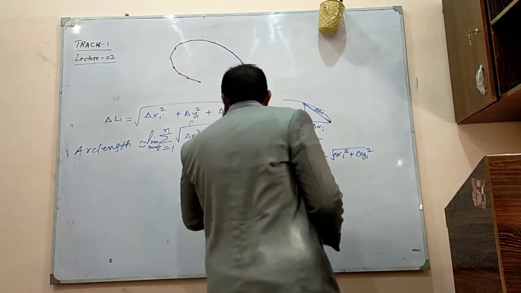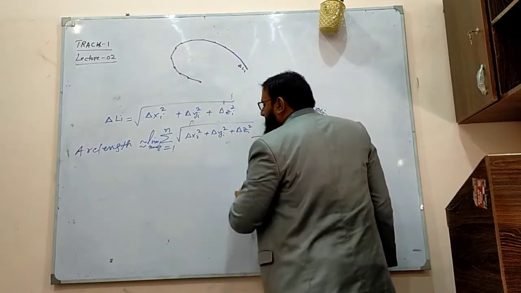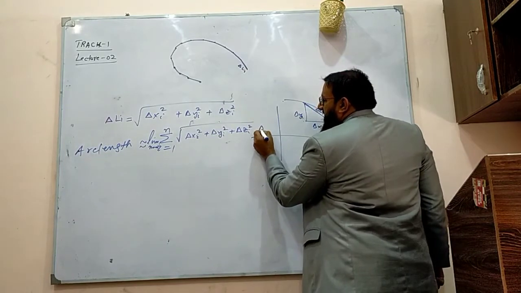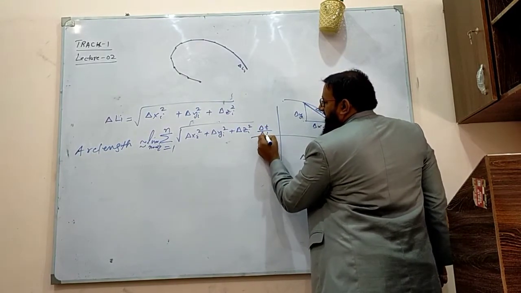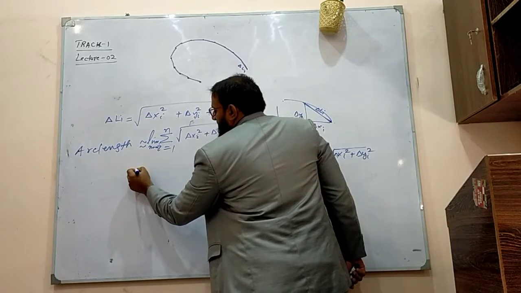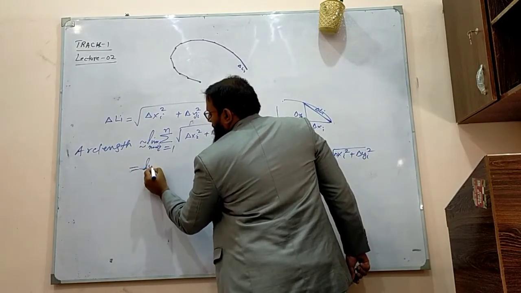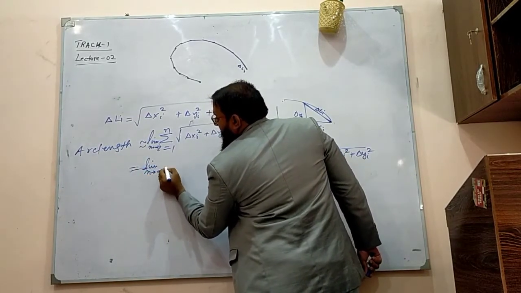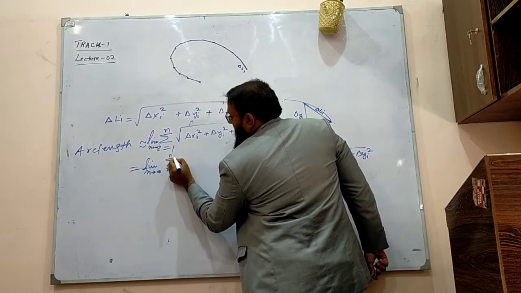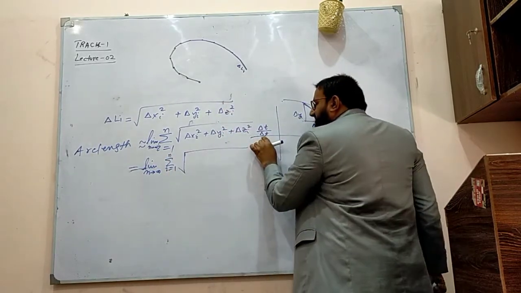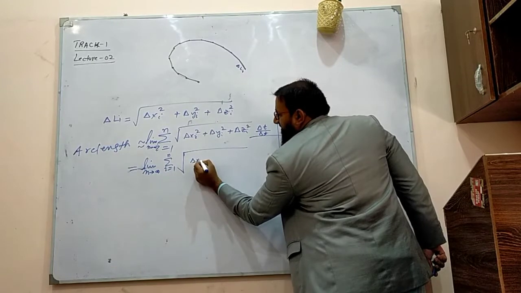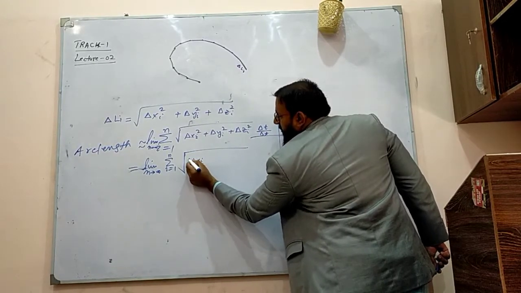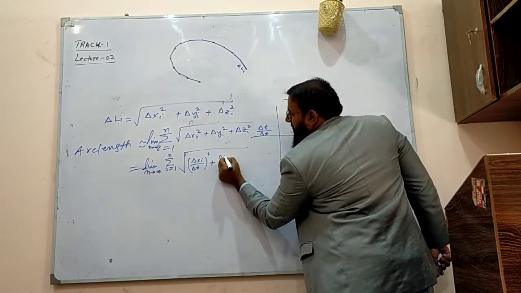Now I am doing one thing. I can convert this one into integration, but I just multiply by delta t and divide by it. So limit n goes to infinity, sum from 1 to n, and when I take this delta t inside, I can write this as delta xi over delta t whole square.